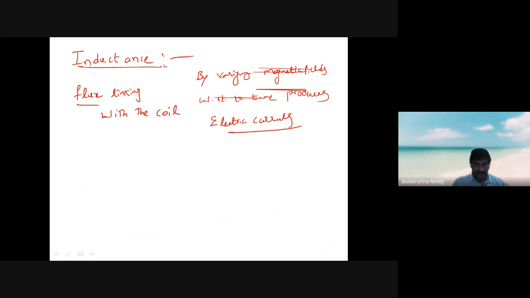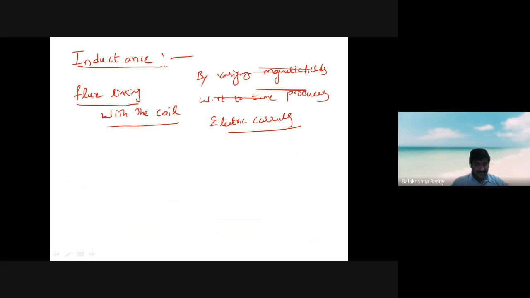So how much flux is linked with the coil, we can expect that much inducing current, right? If the coil's cross-section area is more, then a greater amount of electric current or EMF can be induced. So this we will discuss.